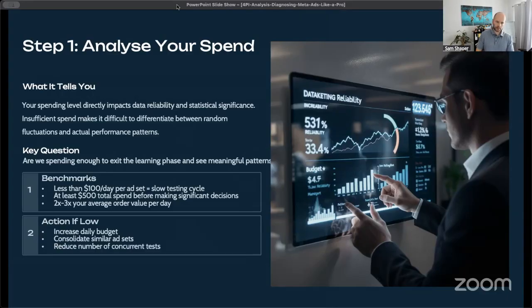Because the assumption from people that don't sit on that fence is Meta doesn't know what it's doing, that its algorithm's dumb, and that if I don't force spend into certain creatives, it might spend all the budget on the wrong creative. Which is obviously not true. Meta's algorithm is infinitely smarter than humans. It has millions and millions upon millions of data points.